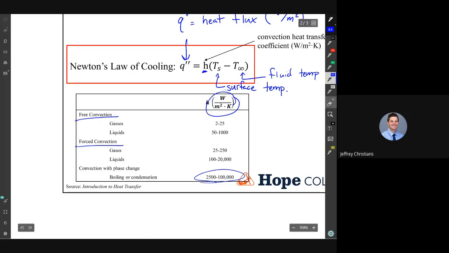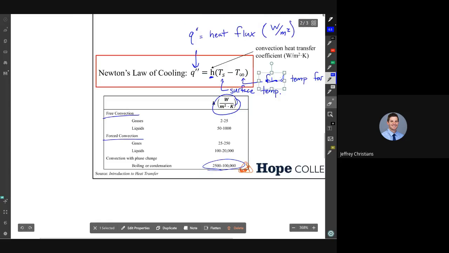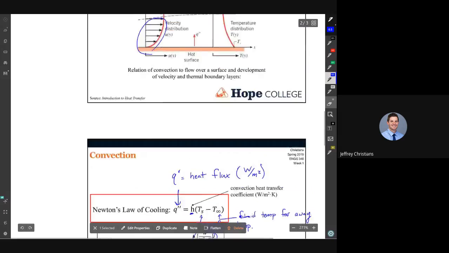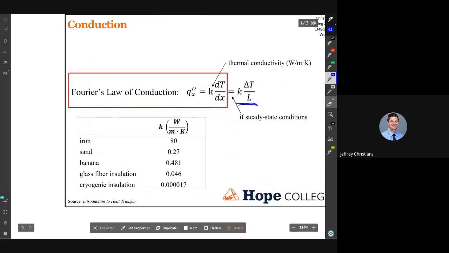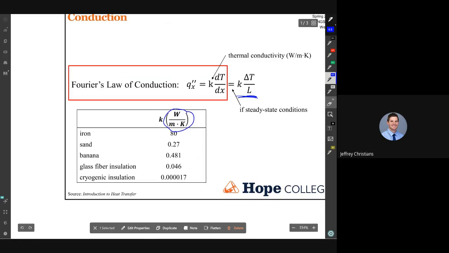Okay, the way that I remember the units on conduction, if I can scroll up a second, is that thermal conductivity is in watts per meter Kelvin. So we have a watt per meter Kelvin and a watt per meter squared Kelvin. I keep them apart because conduction happens through something, meter.